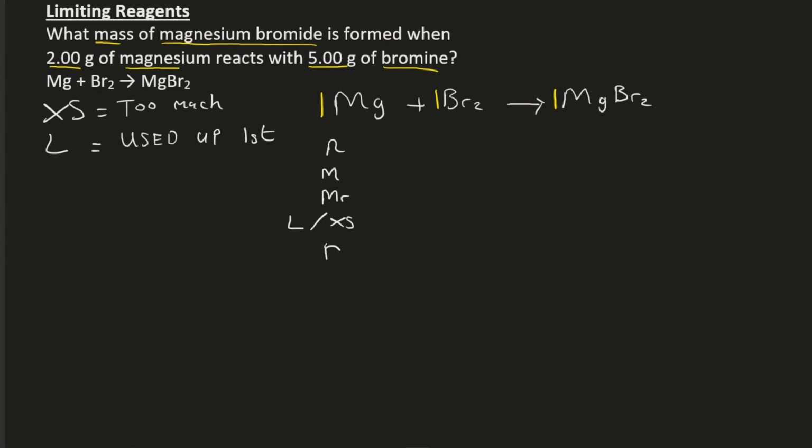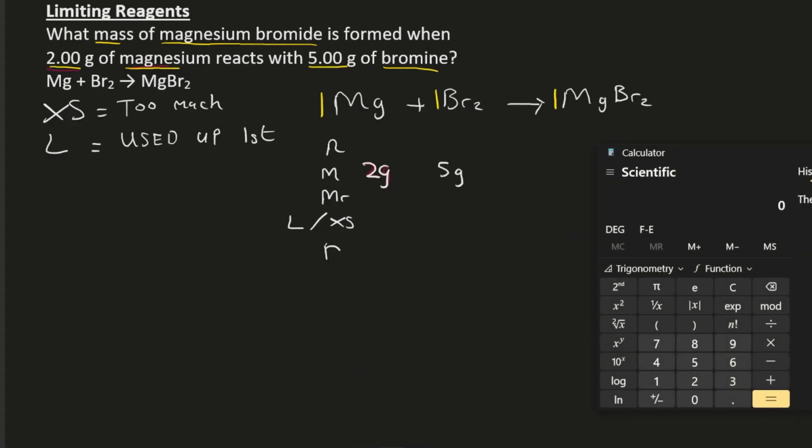The number of moles we don't know yet, but we're going to work out from the masses. Now in the question, I've underlined it here, we've got 2 grams of magnesium, and then we've got 5 grams of bromine. So let's work out the number of moles of both of these, and the way you do that, just get a calculator, and we should really know what the MRs of our molecules are, or our atoms.